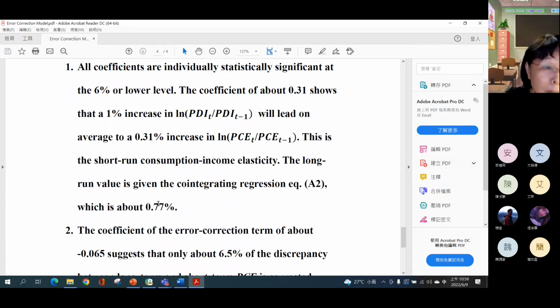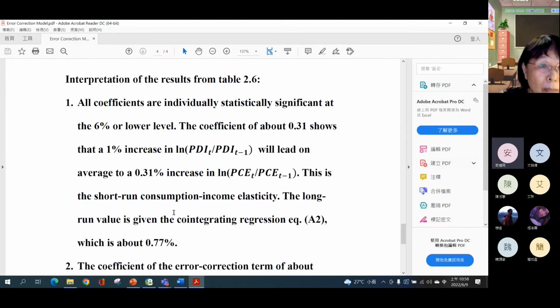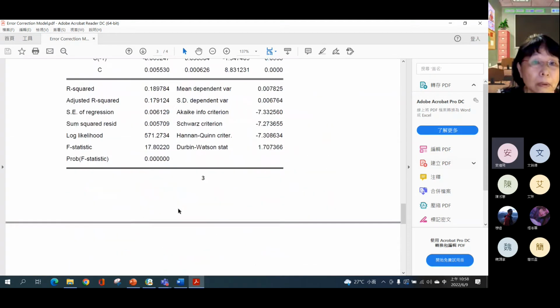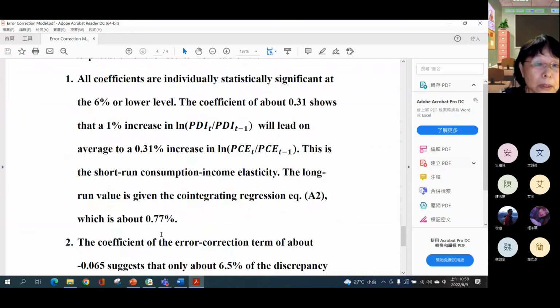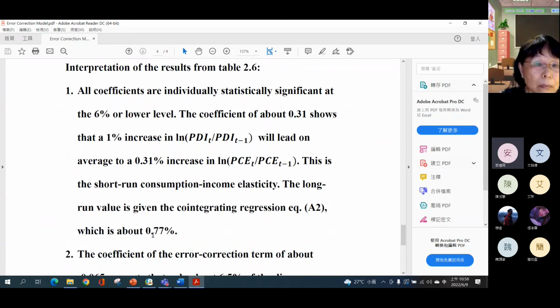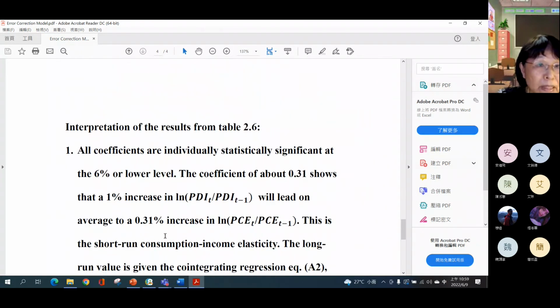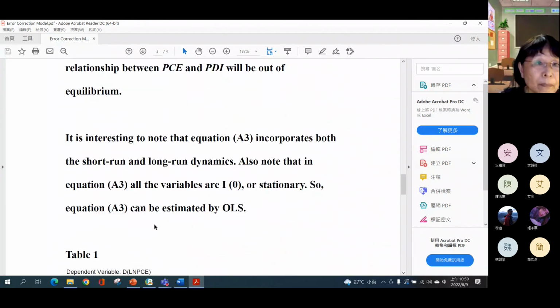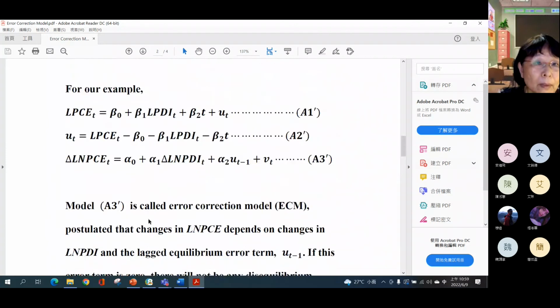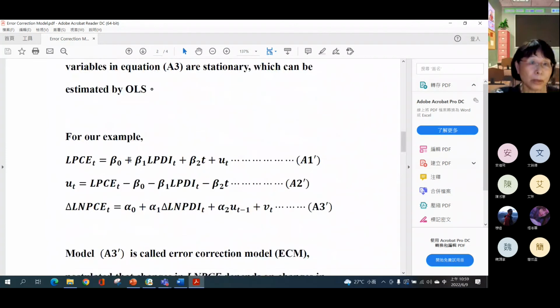You mean where did the 0.77 come from? Yes, Prof. Okay, we have this running by the individual. This is called the long run equilibrium. And this 0.77 is from here, running the regression of this.